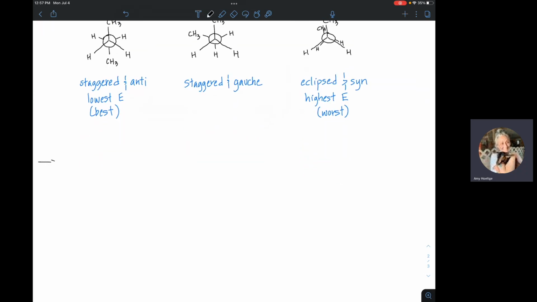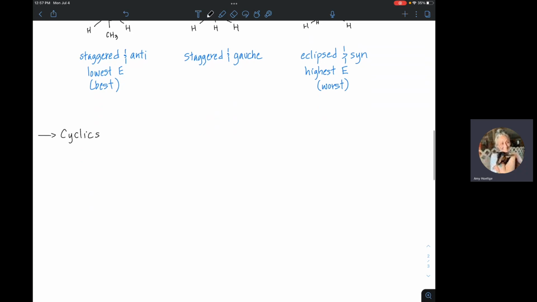So for cyclic compounds, we'll start out with a cyclohexane. We have our two-dimensional structure here. So here's our 2D version of cyclohexane.